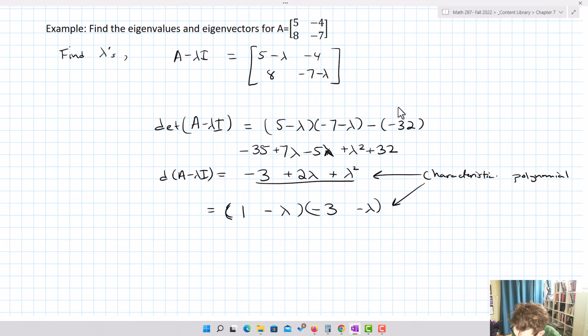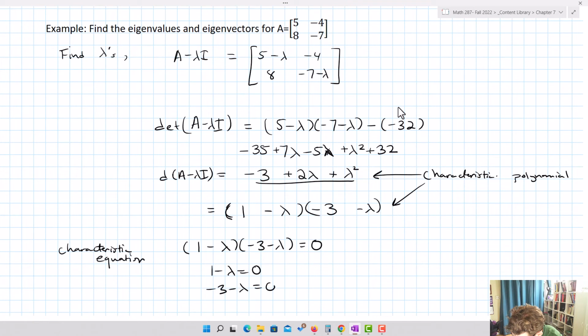Our characteristic equation is then going to be (1 minus lambda) times (-3 minus lambda) equals 0. By solving this, 1 minus lambda equals 0 or -3 minus lambda equals 0, we end up getting lambda equals 1 or lambda equals -3.